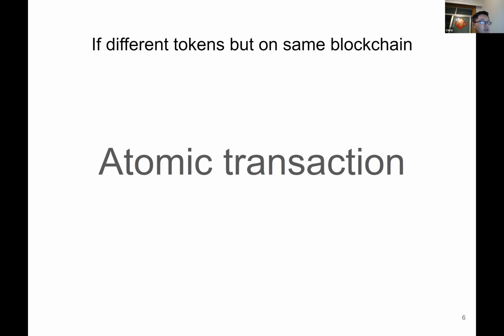This scheme is called atomic swap. It's an atomic transaction that swaps two kinds of cryptocurrency together. How atomic swap works is illustrated as follows.